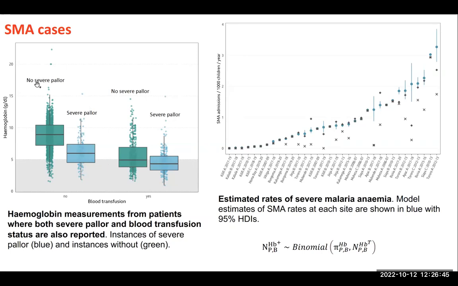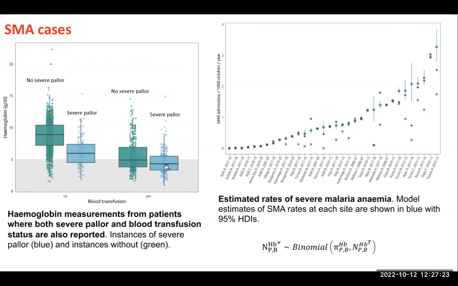So this set of box plots shows you children that had a blood transfusion ordered, and this is among those that did not have a blood transfusion ordered, but this is among the ones that had a blood transfusion ordered. And the blue box plot shows you instances of severe pallor, and the green ones are children that did not have severe pallor. So when you look at this last box plot, visually, we can see that greater than 50% of the children that had both severe pallor and blood transfusion would have been classified as having SMA.